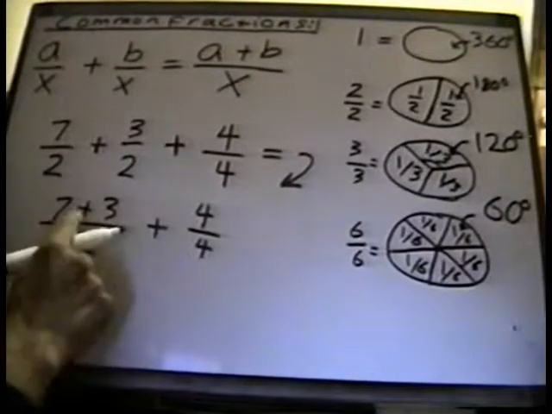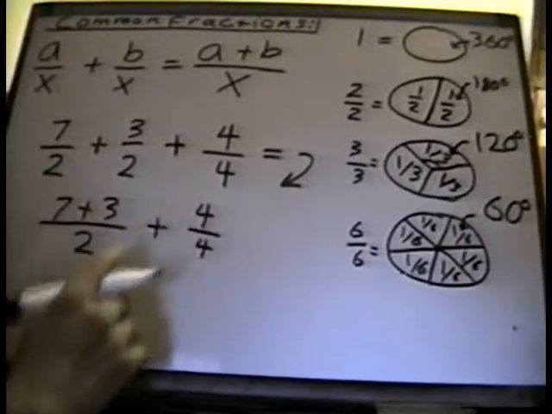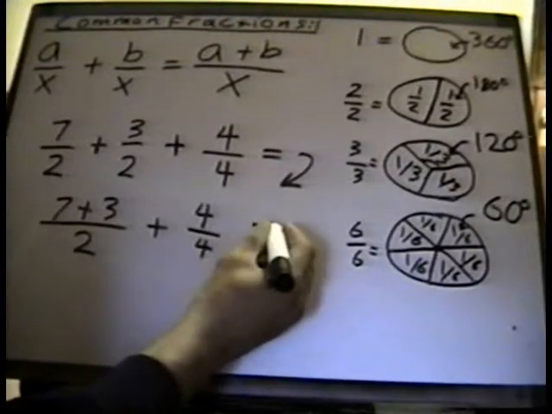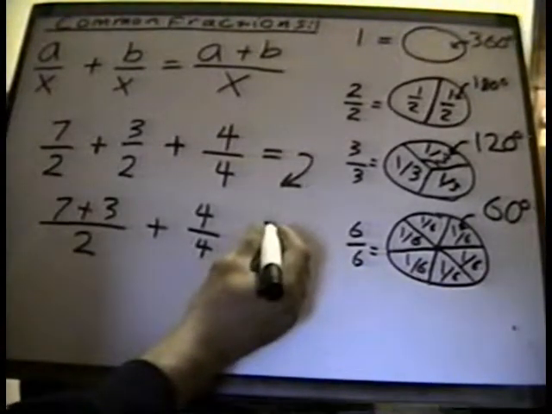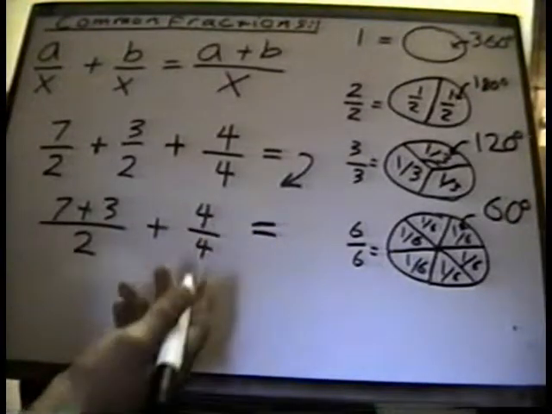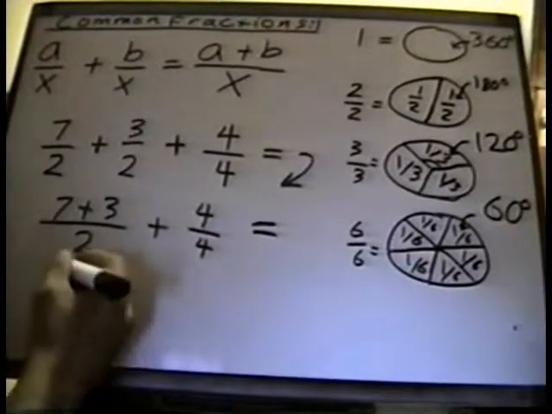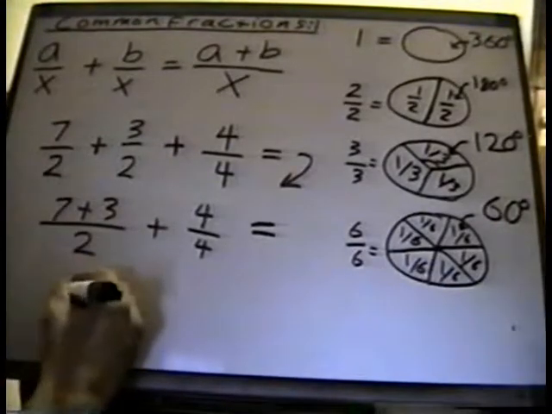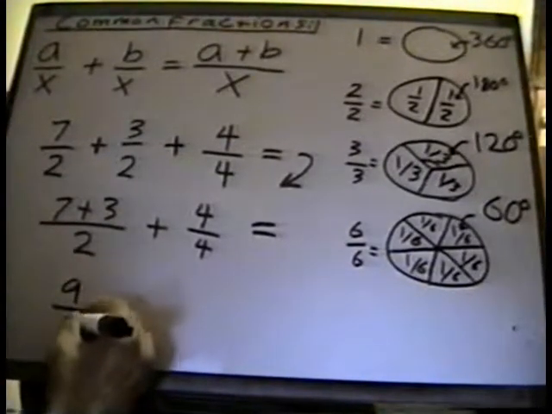And this becomes 7 plus 3 over 2 plus 4 over 4. Or you could say it's just 1, really. But now 7 plus 3, that gives us 9 halves.